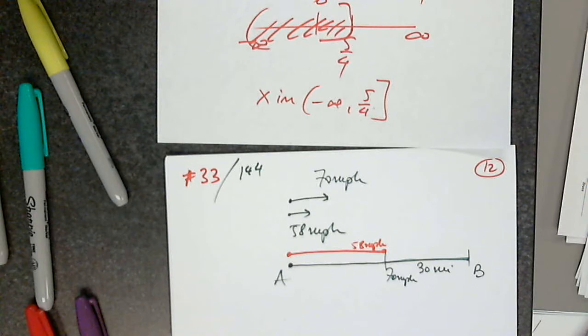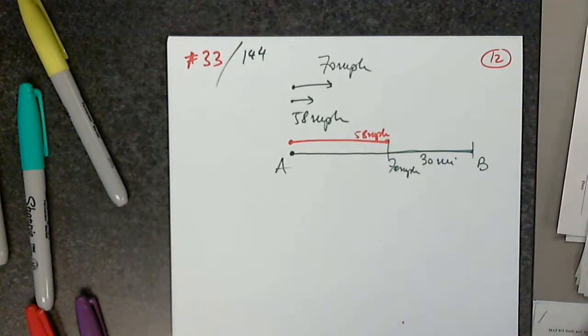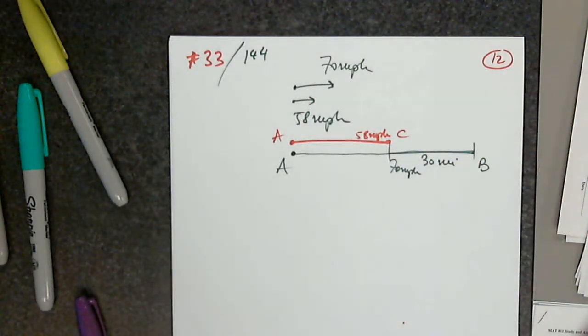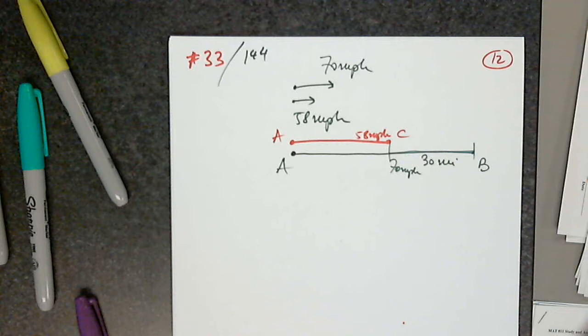Very similar to the 250. Slightly different. So please tell me what to do, what to write. So the green one covers the distance AB. The red one covers the distance AC.